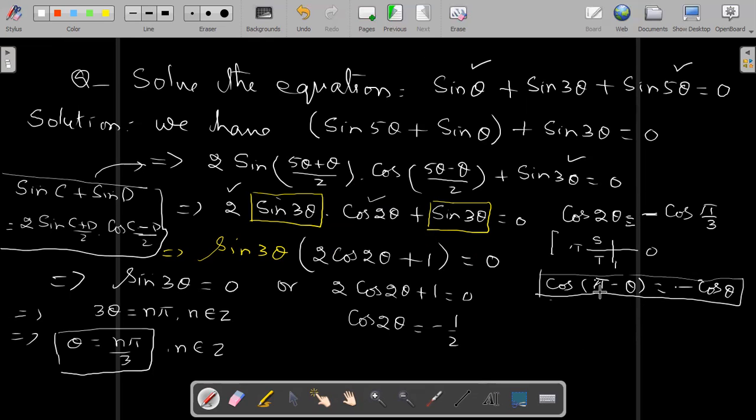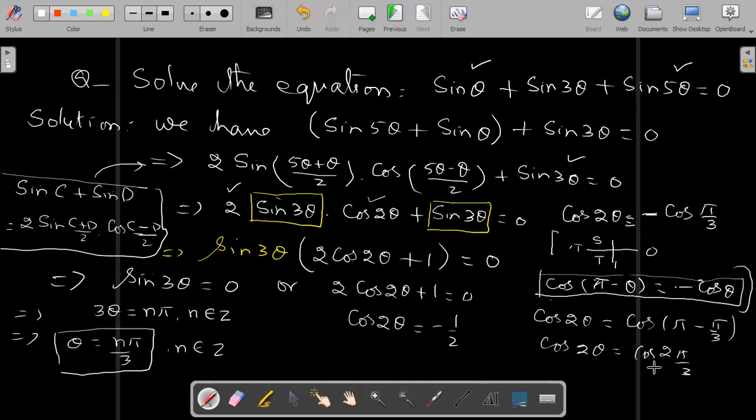Minus cos theta can be written as cos(pi minus theta). So the right hand side can be written as cos 2 theta is equal to cos(pi minus pi by 3). 3 pi minus pi, 2 pi, so cos 2 theta is equal to cos 2 pi by 3.